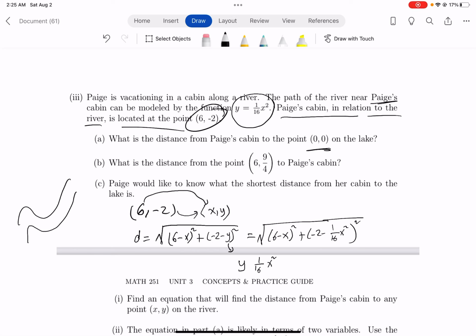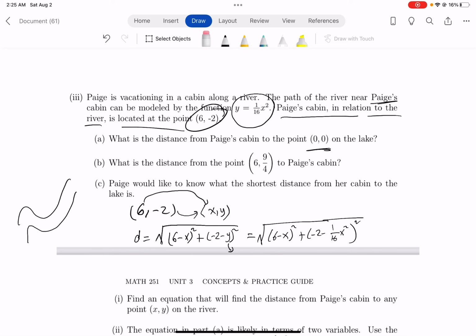This is the minus 2 minus that, and I think that's it. This is the shortest distance between the Page Cabin and the river. That's it.